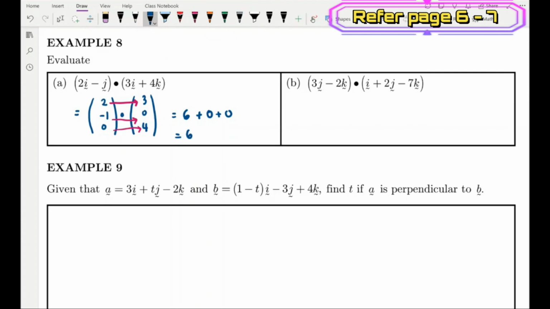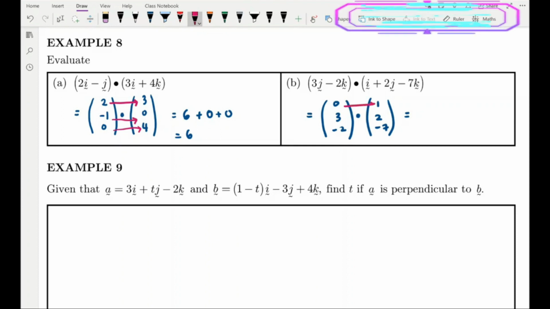Make sure the answer must be in scalar form, or constant. Okay, next. B. 3j minus 2k dot i plus 2j minus 7k. So we have 0, 3 and negative 2 dot 1, 2, negative 7.